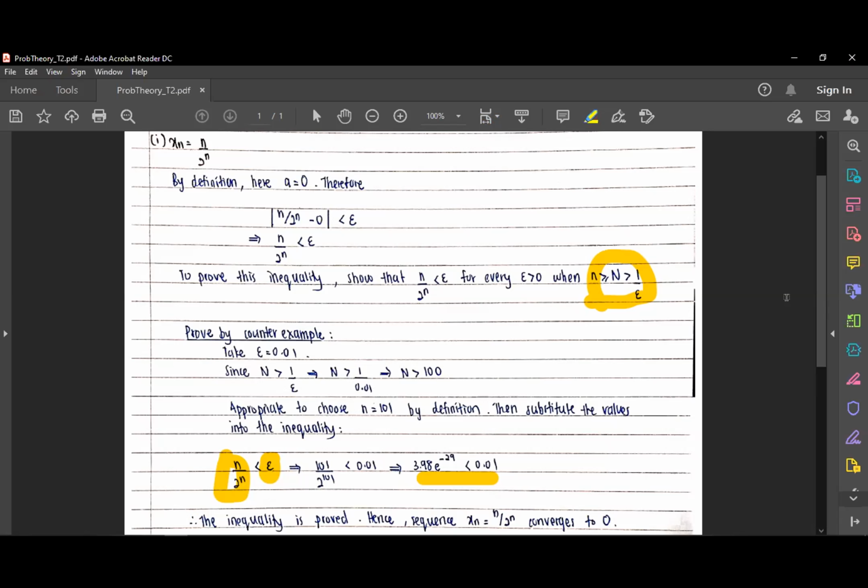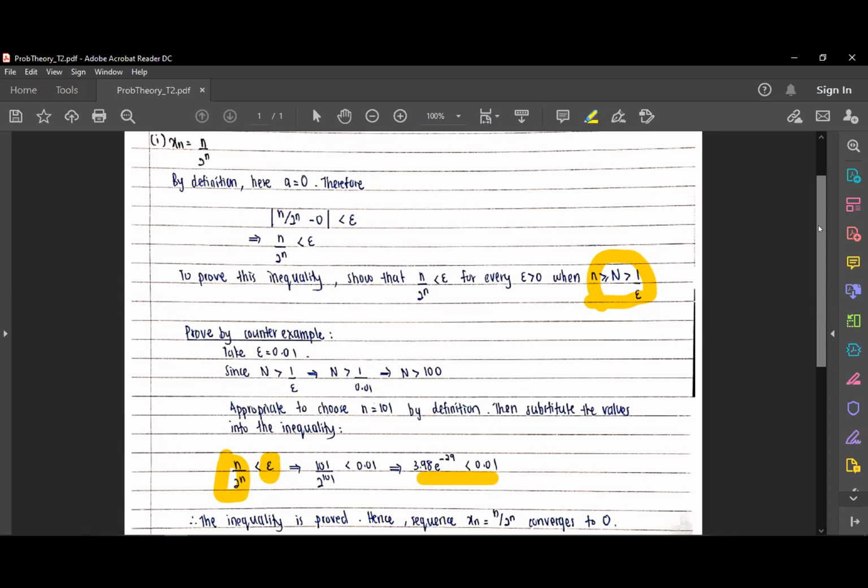So if you are going to use a counter example, then your assumption will be that it converges to some number that is not 0. Then you proceed to show that that's not true, and therefore it converges to 0. But this is very tricky, because how are you going to show that? So I think in this line of work, a counter example is not the right way to present the case.